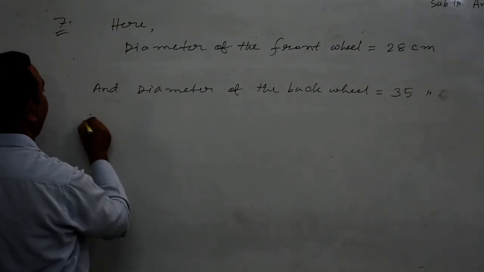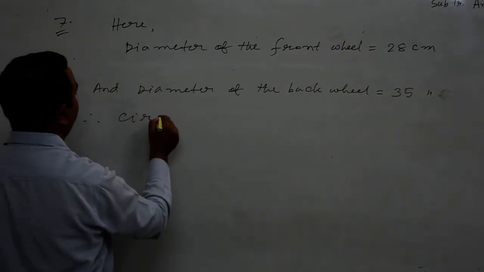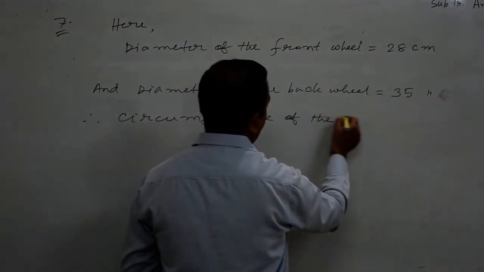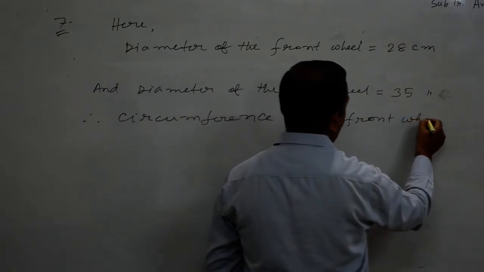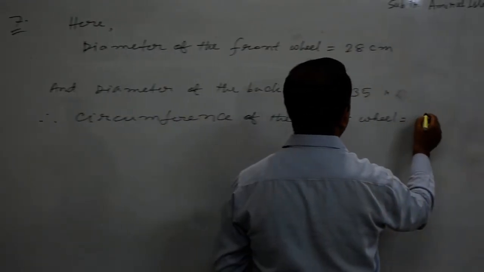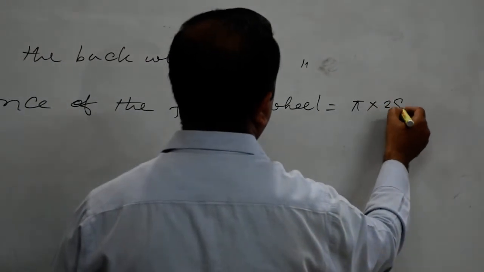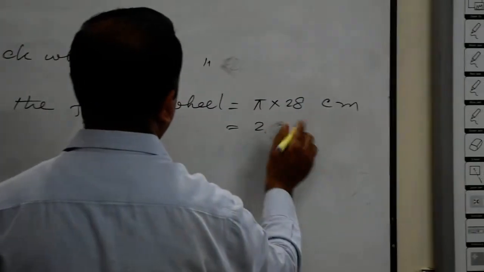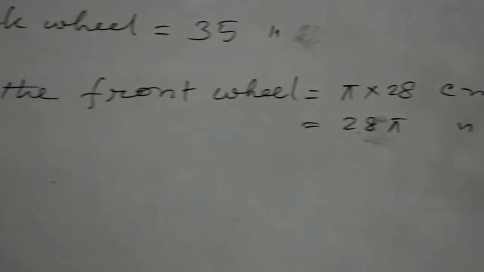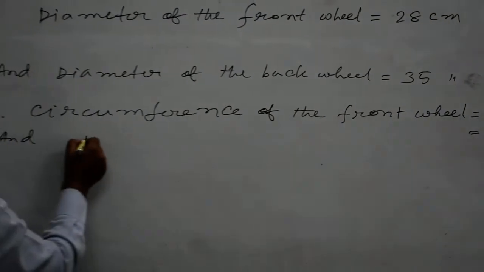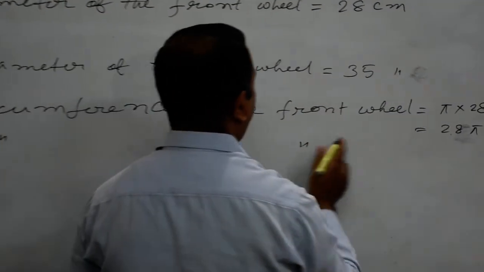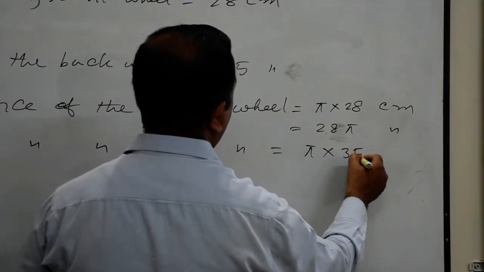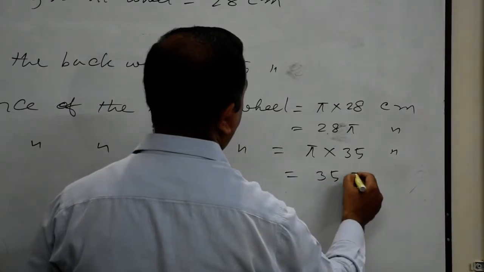If you write directly, therefore circumference of the front wheel equal to pi d, that is pi into 28 centimeter, that means 28 pi centimeter, and circumference of the back wheel, that is pi into 35 centimeter, that is 35 pi centimeter.